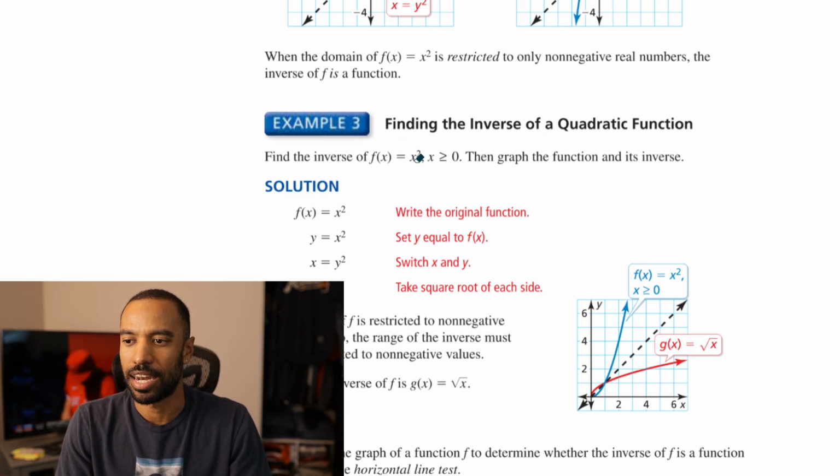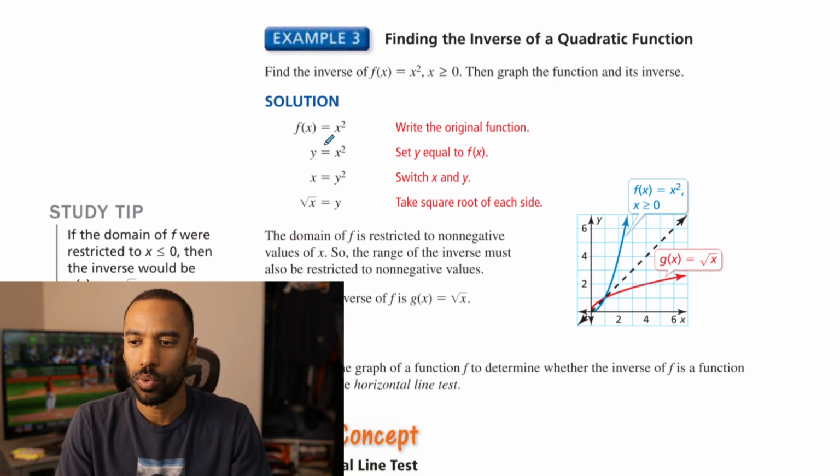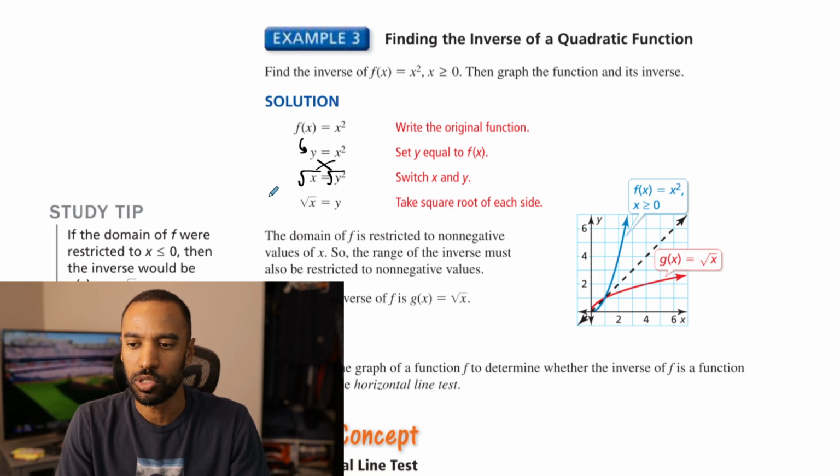So let's take a look at an example given that domain restriction, and let's find its inverse. Find the inverse of this, then graph the function and its inverse. So we will swap x and y. First of all, turn f of x into y once more. Swap x and y, and then solve for y all over again by taking the square root of both sides. Now, in most cases, you would say plus or minus square root of x.